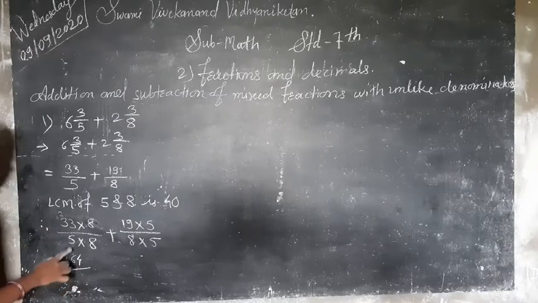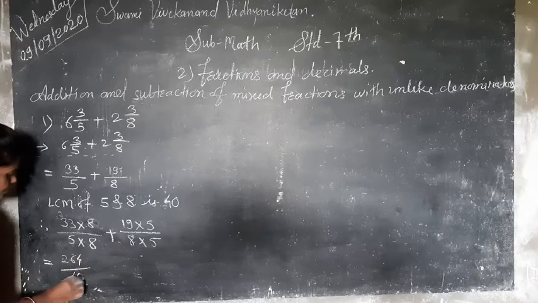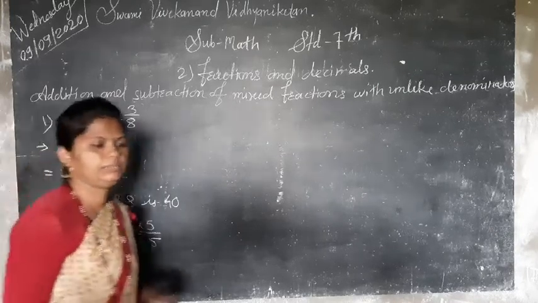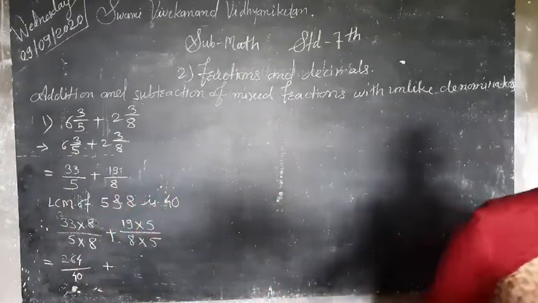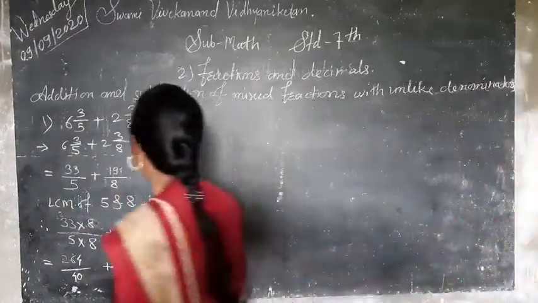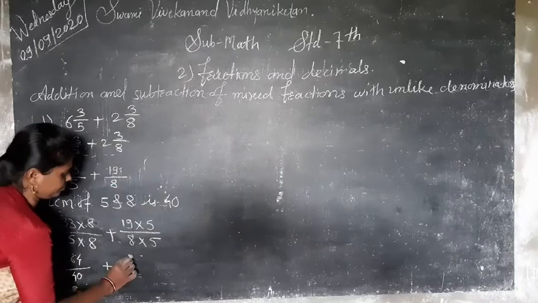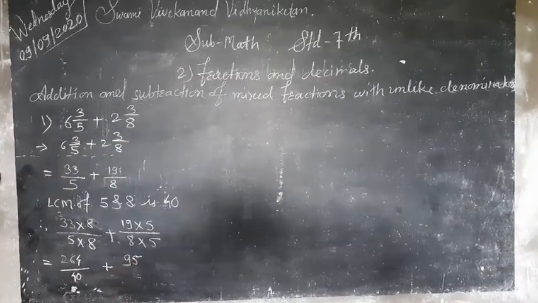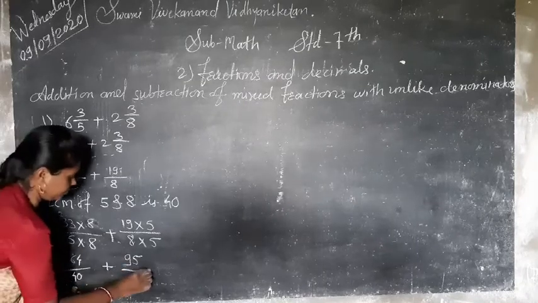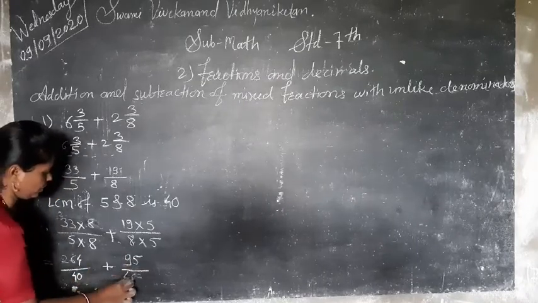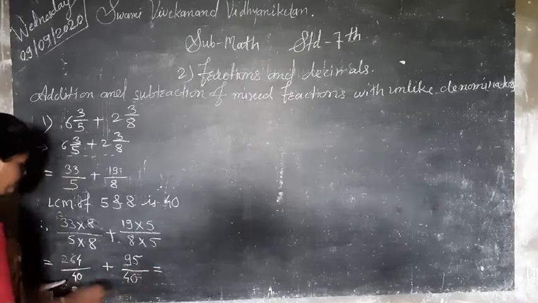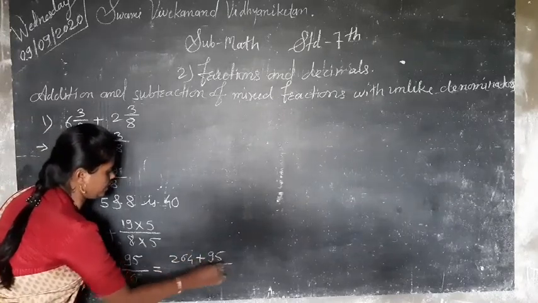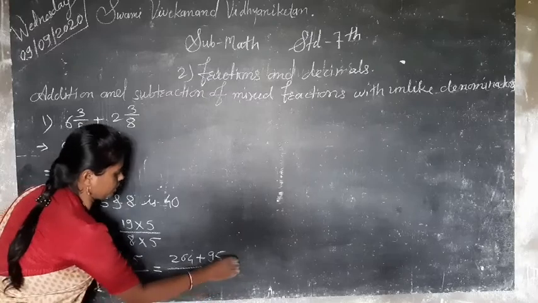At the denominator it is 40. Plus 19 multiplied by 5: 19 5s are 95. Denominator 40. So 264 plus 95 upon 40.